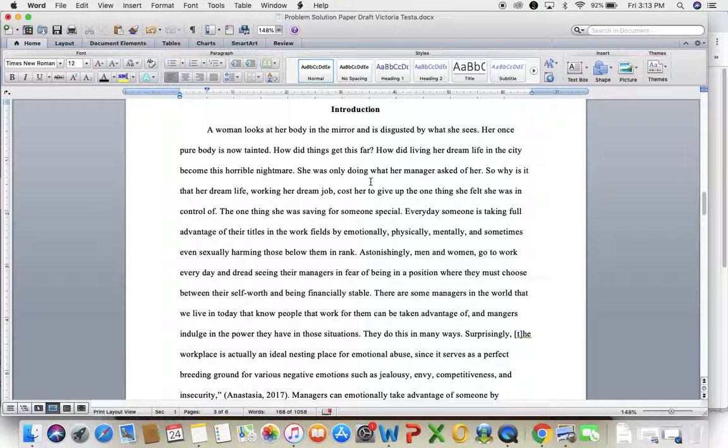And the thesis would contain the idea that you have in your call to action, or the paragraph where you talk about the best solution.